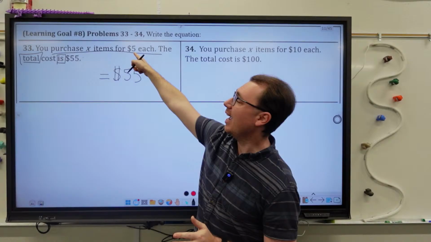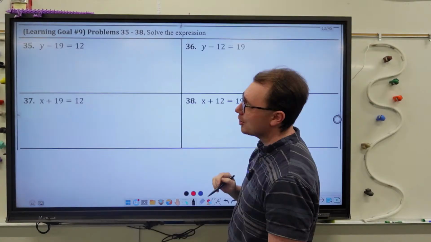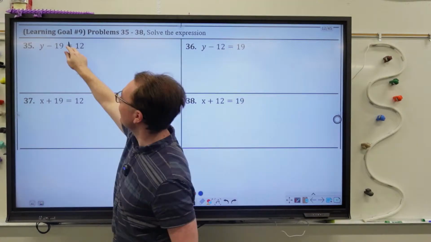For learning goal number 9, we want to solve the expression here. Now for solving these expressions, we want to use that inverse operation that many of you guys have down very well. For this inverse operation here, I already know you guys are itching to just put that line down the middle, and then we want to do the opposite of that minus 19, which is adding that 19.